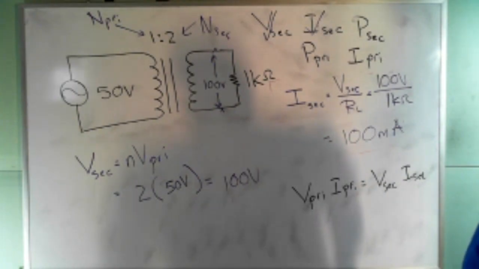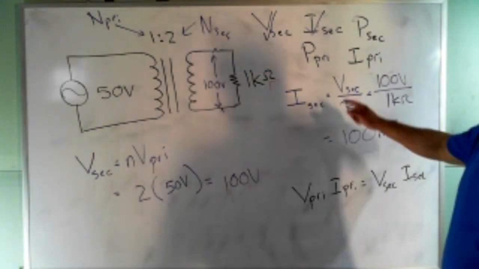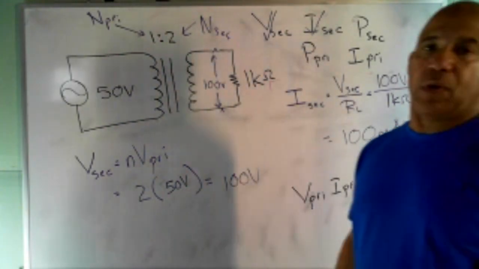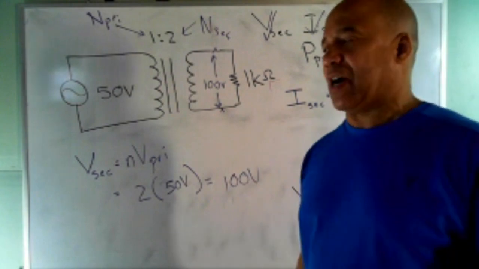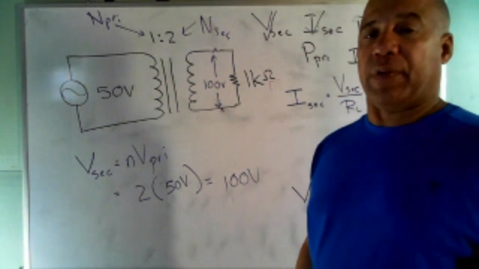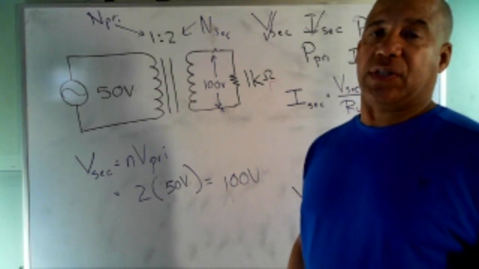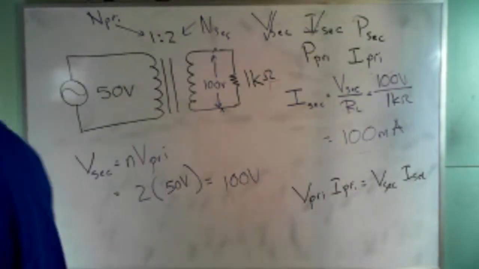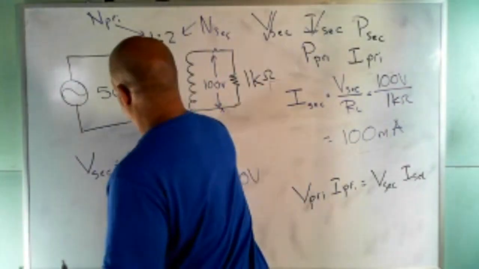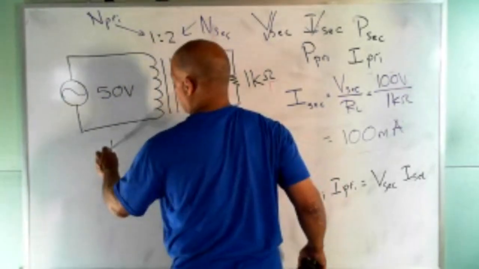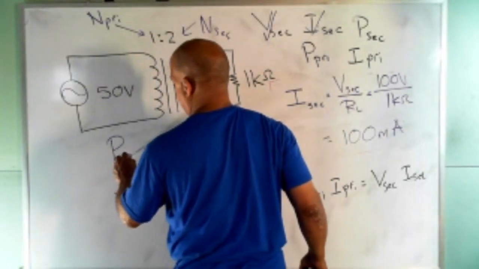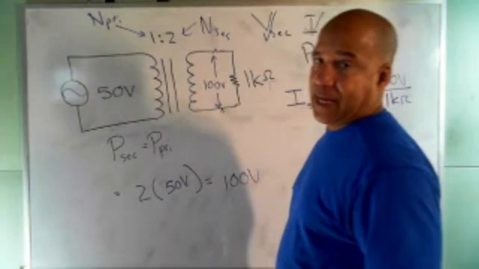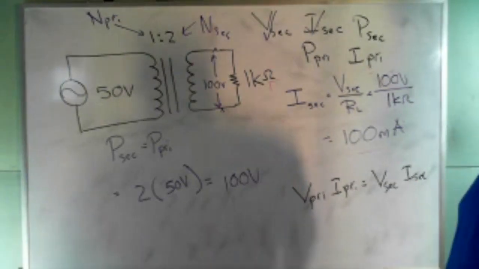Now, for P sec and for P pri, remember that we're assuming transformers are 100% efficient. If they weren't, the calculation would be a little bit more complicated. But for this class, we're going to assume an efficiency of 100%. We'll always do that. So because they're 100% efficient, then I can write P pri equals P sec. And I can only write that because I'm assuming the transformer is 100% efficient.